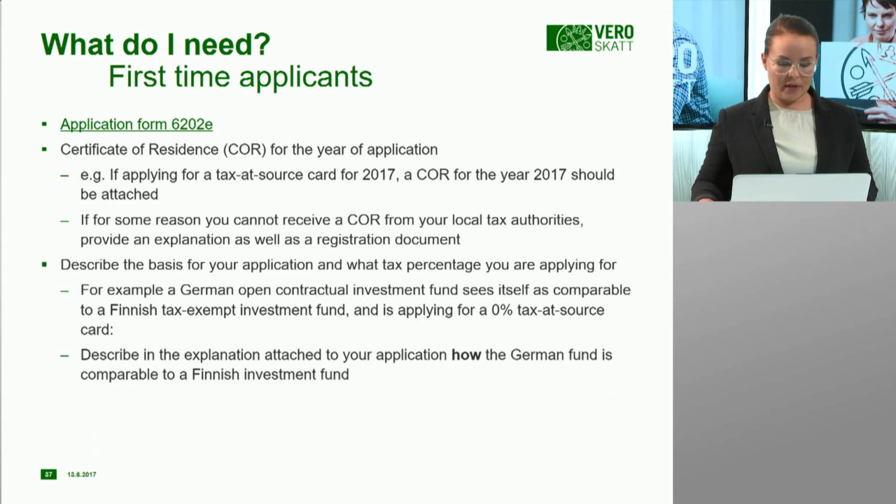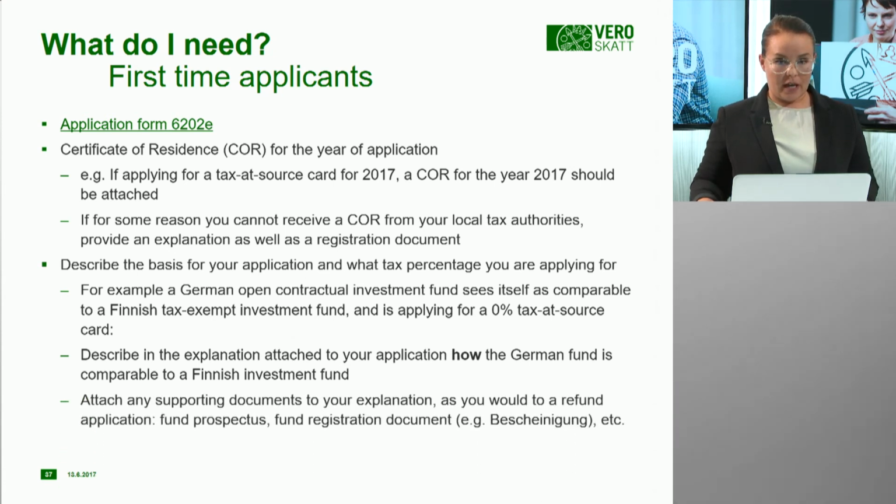Please describe in the explanation attached to your application how the German fund is comparable to a Finnish investment fund. Also attach any supporting documents to your explanation, as you would to a refund application: fund prospectus, fund registration document, Bescheinigung in German, and so on.